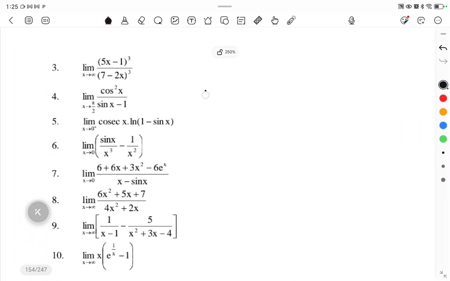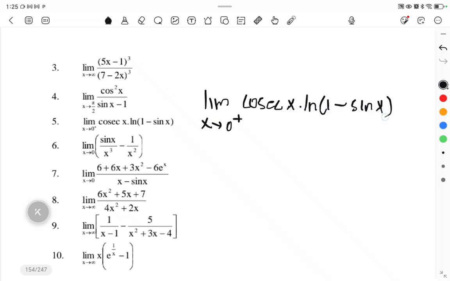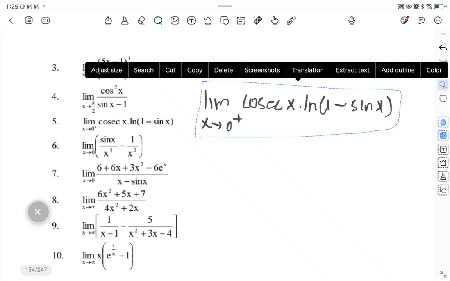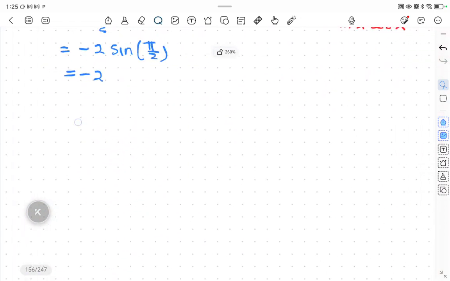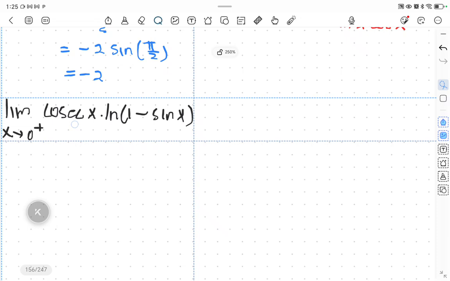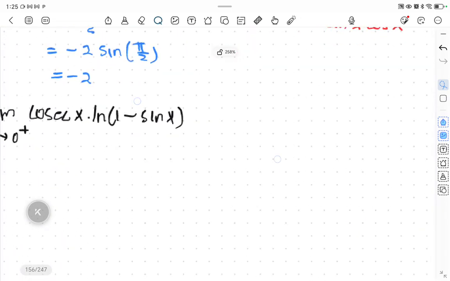And then we come to number 5. We have the limit as x approaches 0 from the positive of cosec x times ln of 1 minus sine x. So from here we check the form.